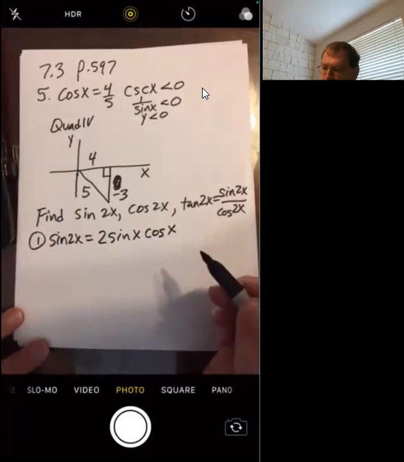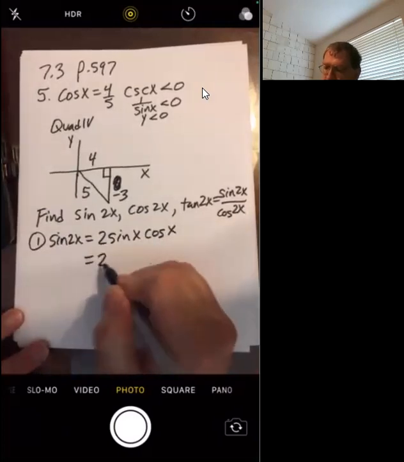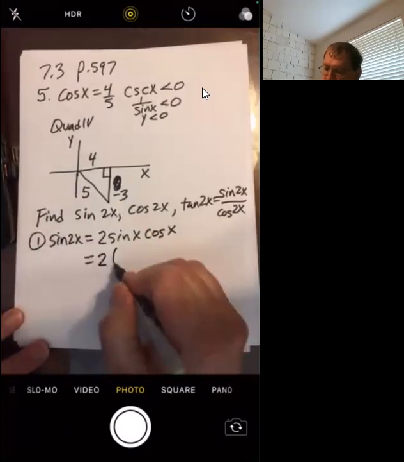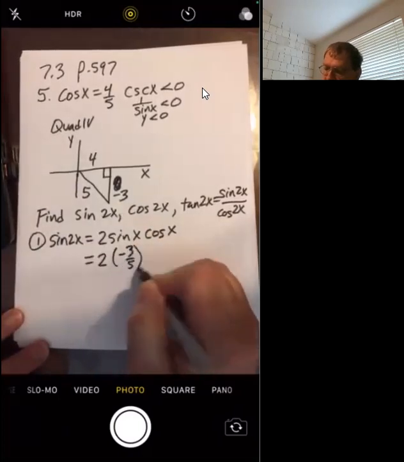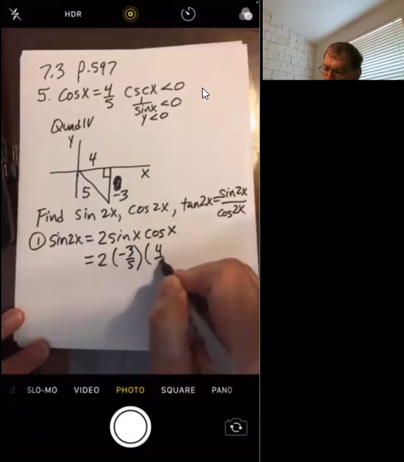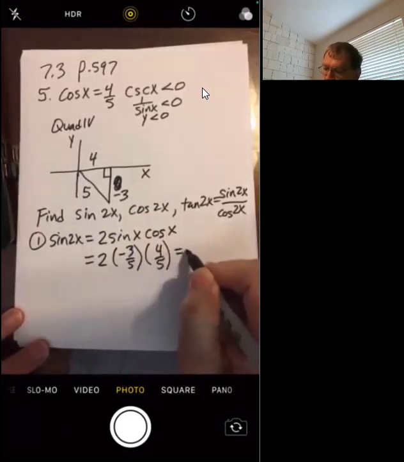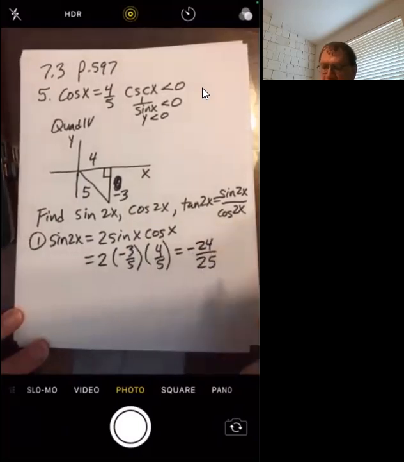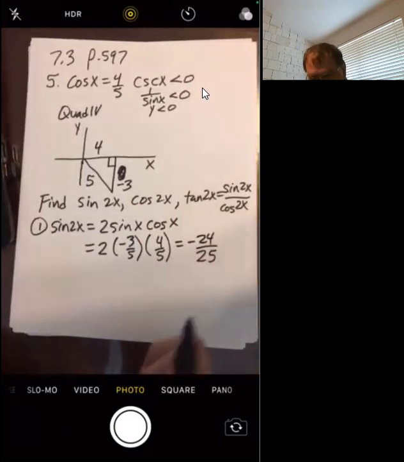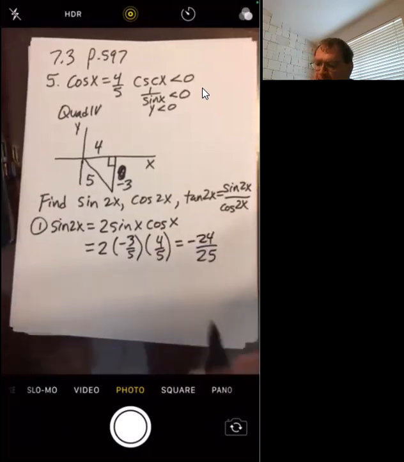So your twice, and your sine is -3/5, and your cosine is 4/5. That was given. And you look like you're at -24 over 25. Again, notice it's less than 1, less than your bottom.